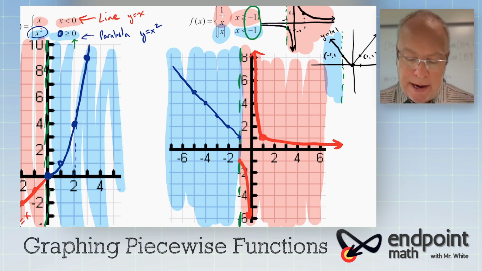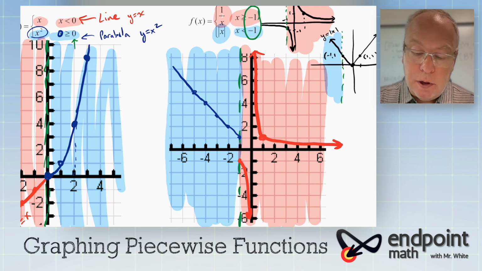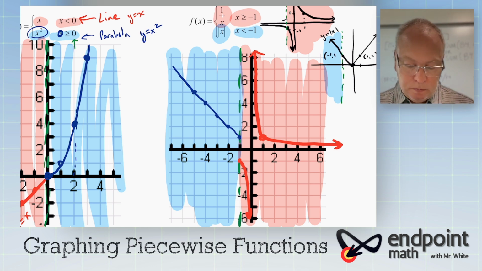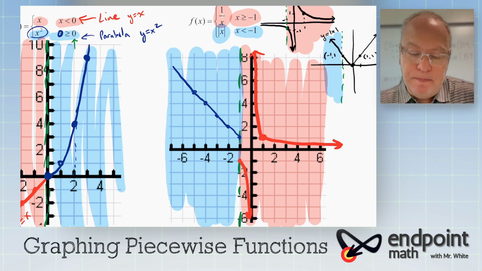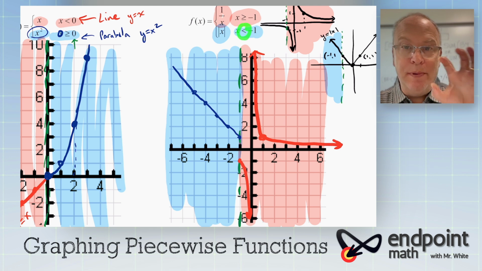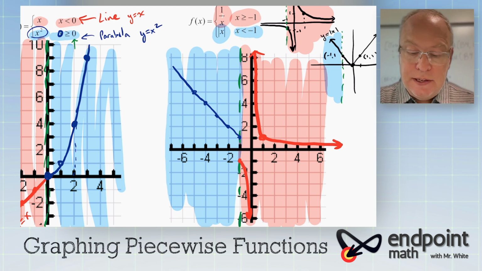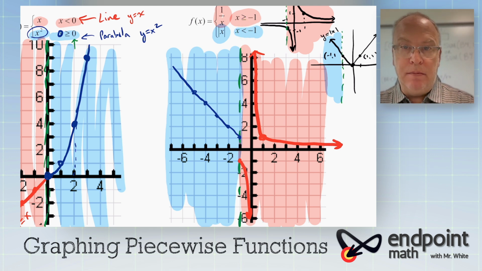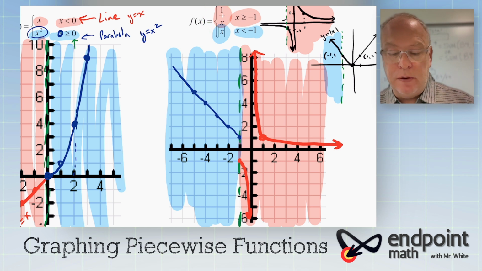Now we need to decide open circles or closed circles. So let me get rid of this green for a second. Open circles or closed circles. A lot of students ask me about this. Because this is lacking the equal sign, it's an open circle. Because this has an equal sign, part of it, when x is -1, we're going to be using this function.